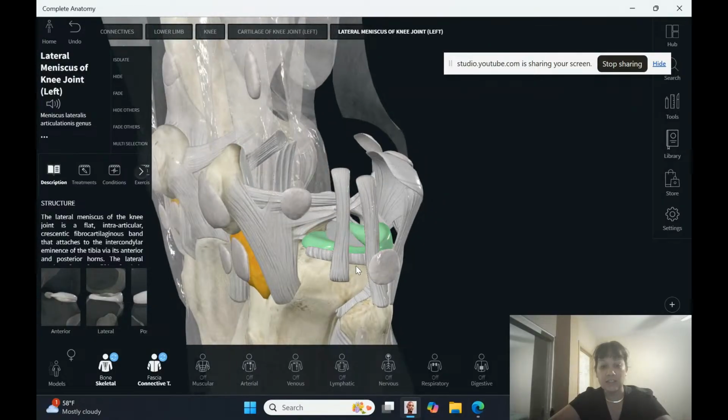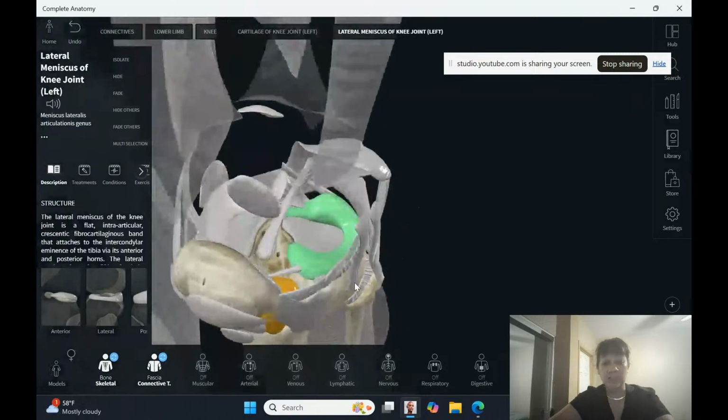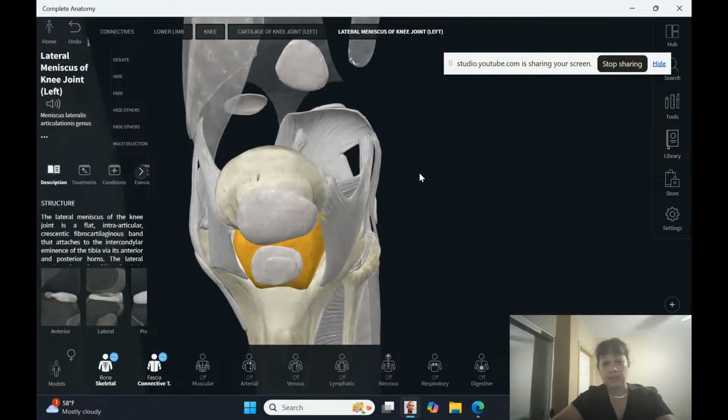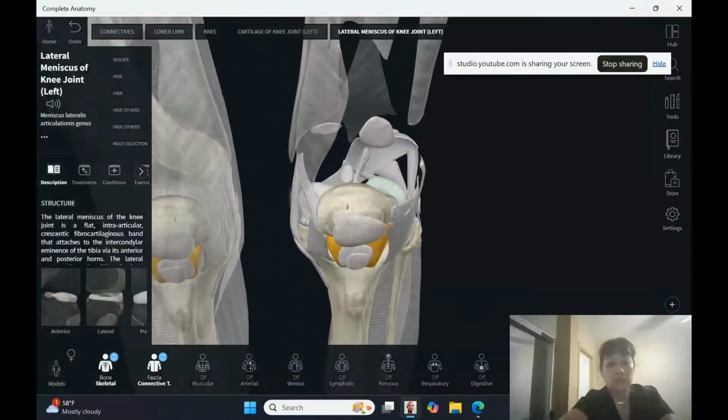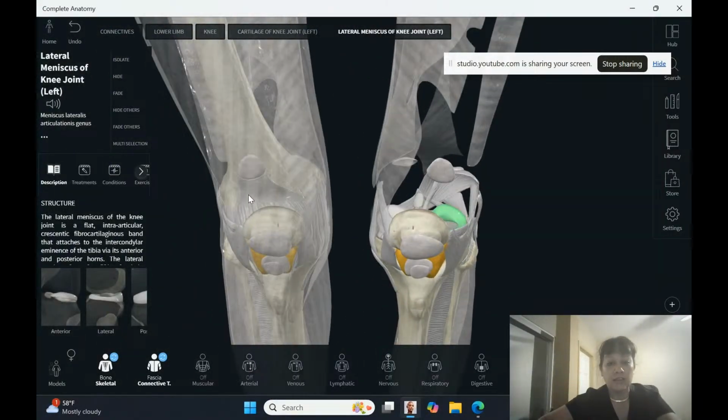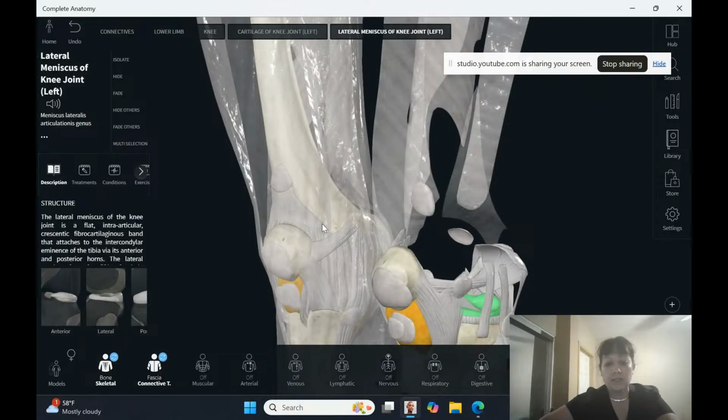And in that center, on both sides, you see the head of the fibula, let's see if we can unhide stuff. Oh, okay. Yeah, we have to keep on doing it. But look at how the femur is shaped like this, and then it moves in there.